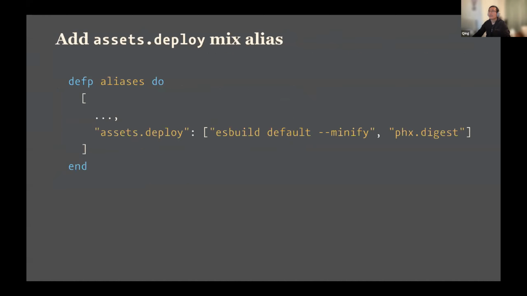Then we needed to add this new mix alias for deployment in the mix file as well. As we can see, there are two parts. First, it uses esbuild to create minified JS and CSS and put them in priv/static/assets. Then phx.digest will add digest for all static assets in priv/static.